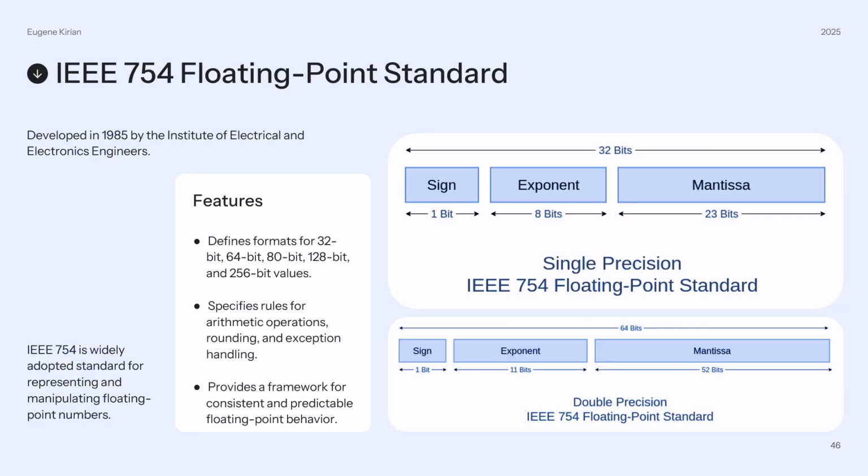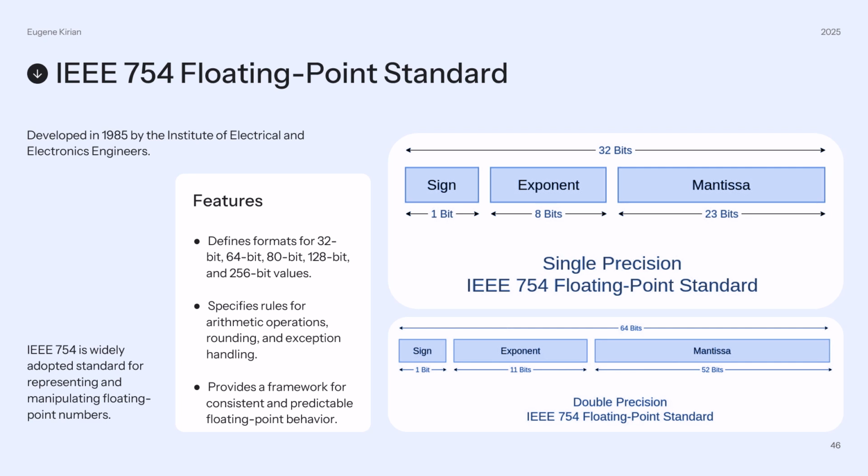The IEEE 754 floating point standard is a widely adopted standard for representing and manipulating floating point numbers. Developed in 1985 by the Institute of Electrical and Electronics Engineers, this standard provides a framework for consistent and predictable floating point behavior.